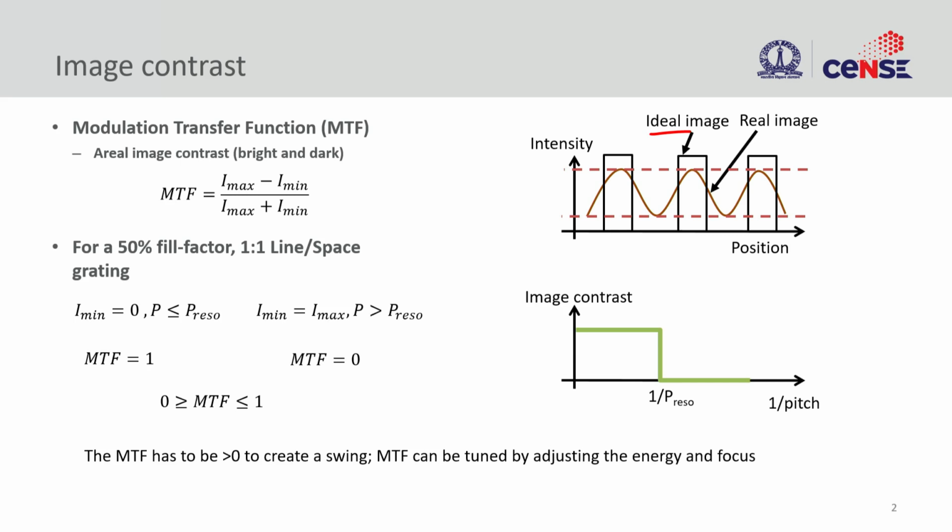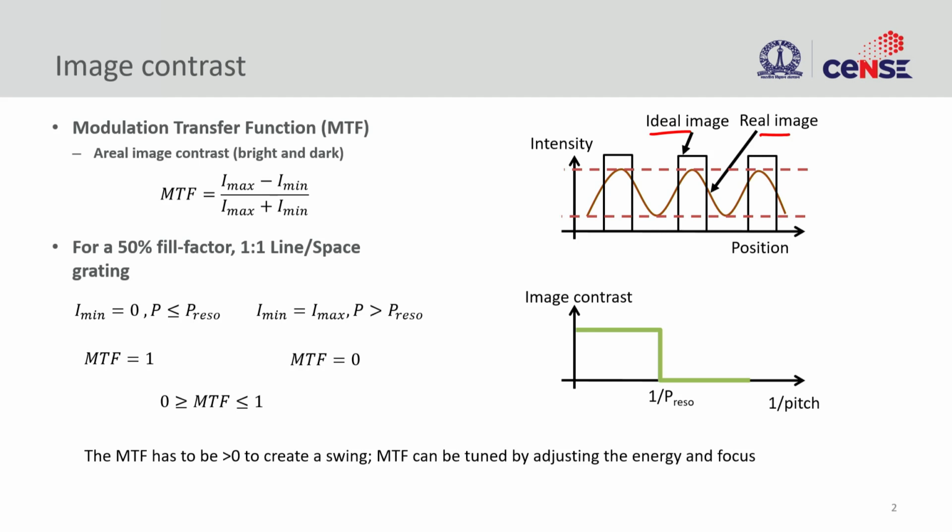Your ideal image should also be of similar nature. So, you have a high intensity and a low intensity on the wafer. But in a real image you will not be able to reproduce a perfect square image, but you will have something of an oscillating or a cosine type image as we see in this real image, right.